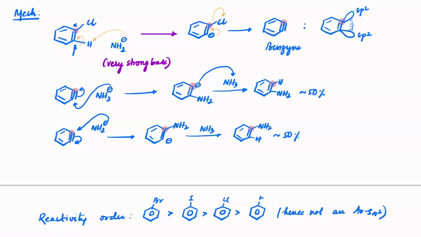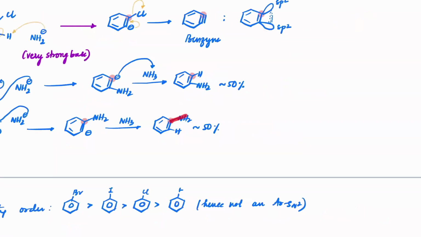Now, here is that position. The product which is formed by removing chlorine and then getting NH2 on the same position is called ipso substitution. Ipso means on the same position. And the adjacent position is called cine substitution. So one is called ipso substitution, the other is called cine substitution.